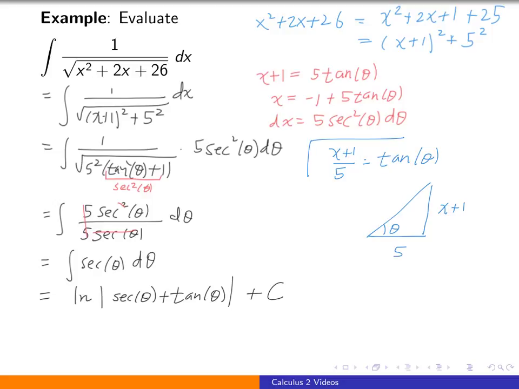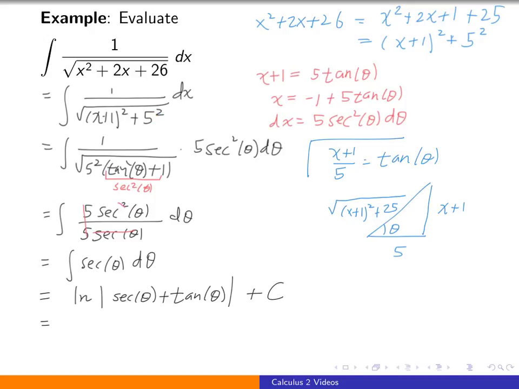So by the Pythagorean Theorem, the hypotenuse should be labeled as the square root of x plus 1 squared plus 25. And once again, make the observation that x plus 1 squared plus 25, corresponding to the side we had to label, is exactly what prompted the original trigonometric substitution.